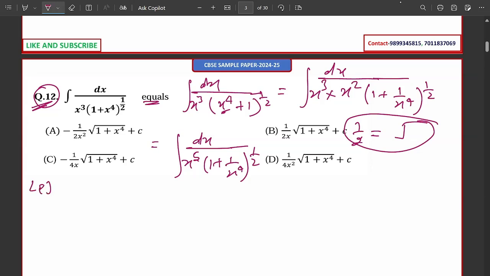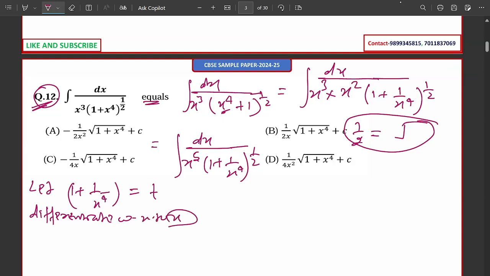Now let 1 plus x raised to the power minus 4 be equal to t.